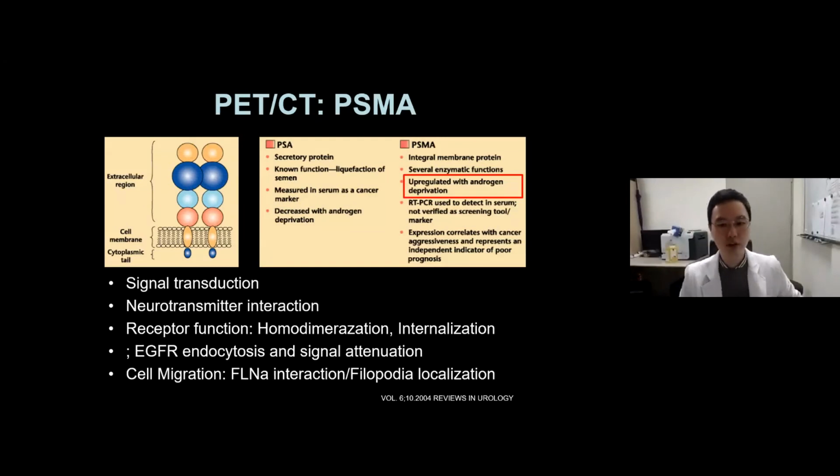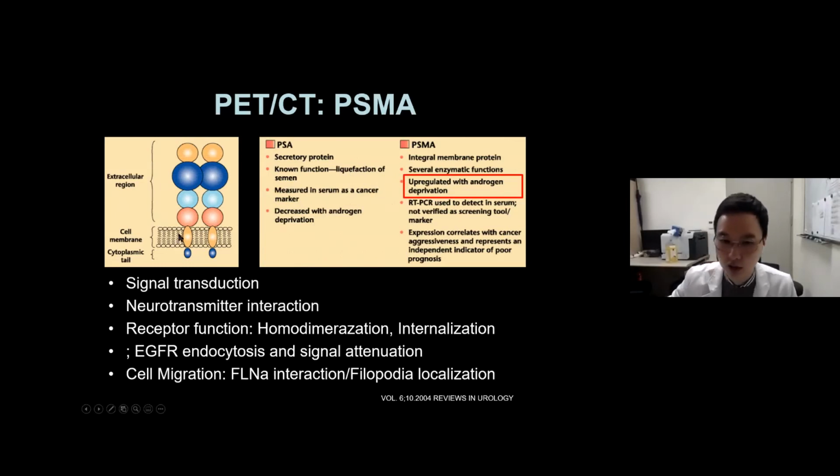It has a function of signal transduction or neurotransmitter interaction or receptor functions. And this PSMA are actually different from the PSA, because PSAs are actually a secretory protein.